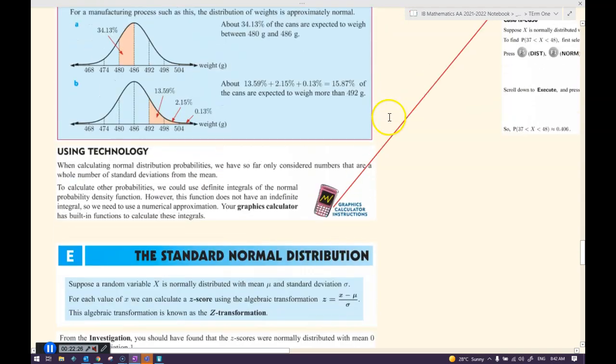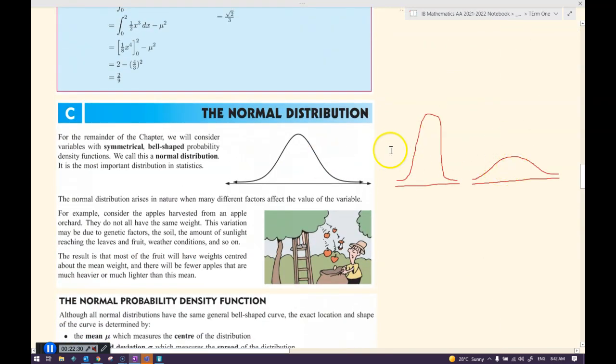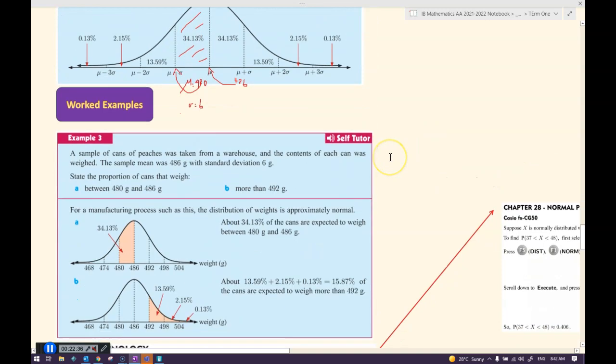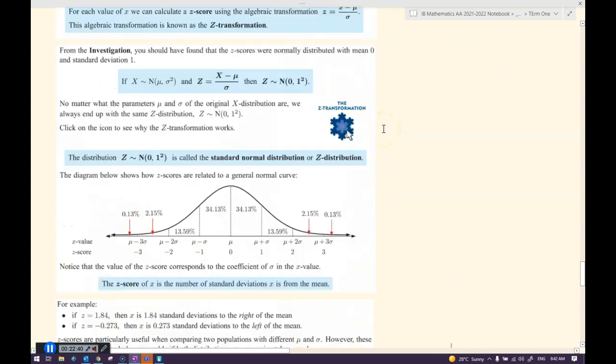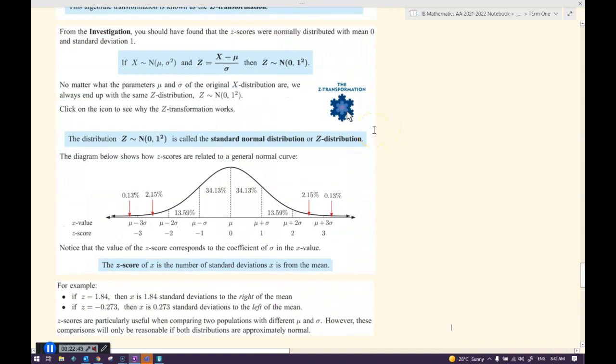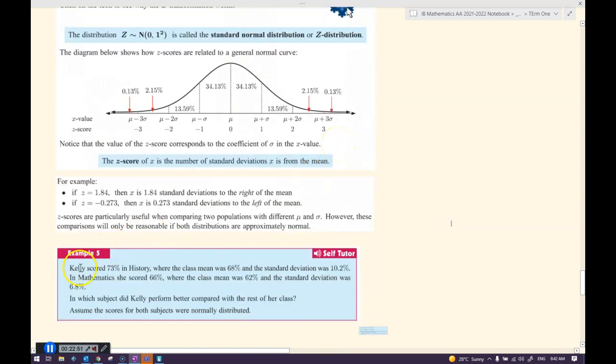This is useful because all these different distributions that we talked about when I drew these weird shapes up here, when you standardize them, when you convert them to z-scores using the standard normal distribution, they all follow exactly the same pattern, which means we can now compare results in differently normally distributed data sets to see which one is more unusual or which one stands out. And we'll give you an example of that in a minute.